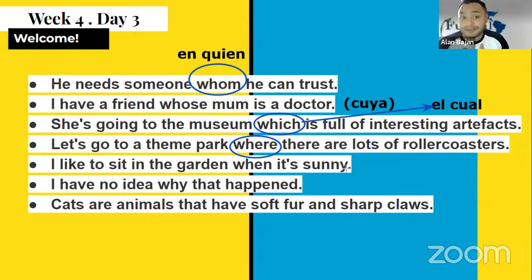But you are not specifying, at night, in the afternoon, in the morning. Oh, when it's sunny. It can be in the morning or in the middle of the day. I like to sit in the garden when it's sunny.